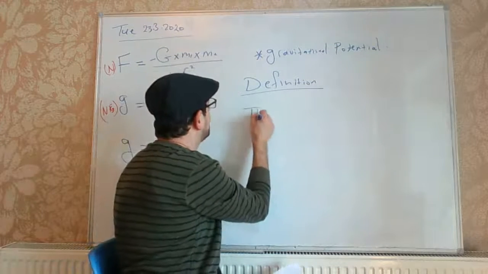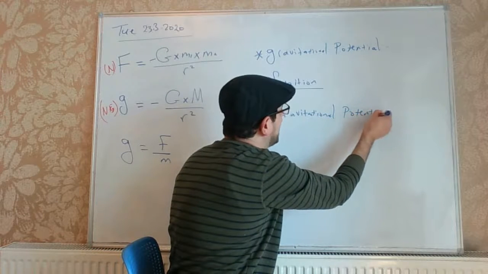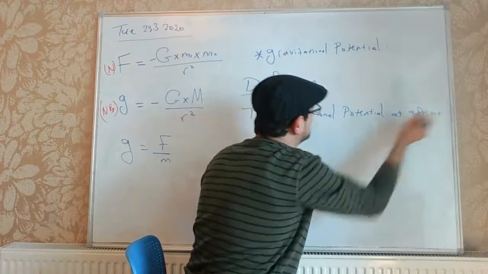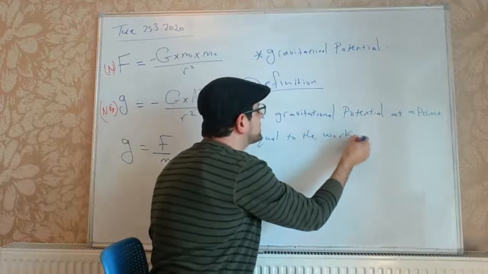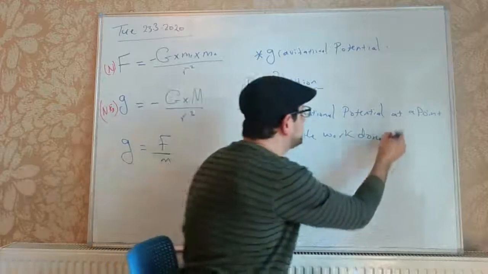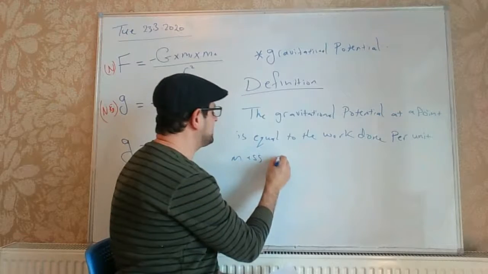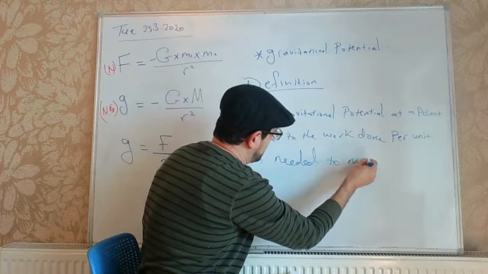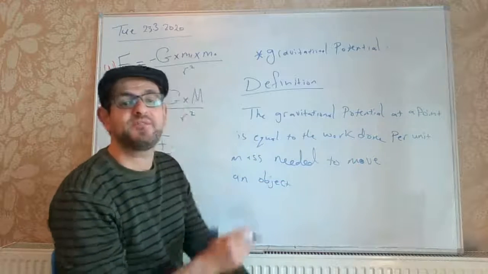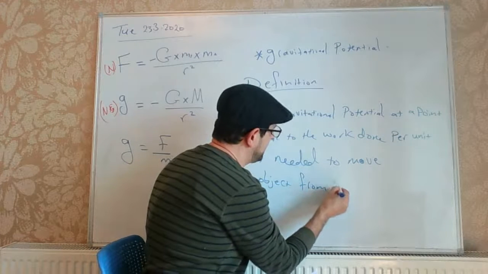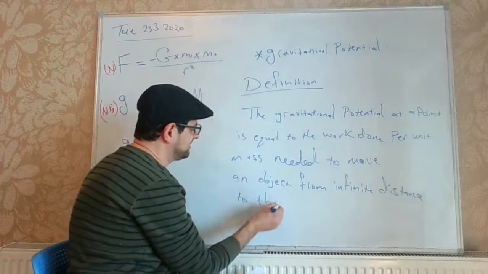The gravitational potential at a point is equal to the work done per unit mass needed to move an object, of a certain mass, from infinity to that point, from infinite distance to that point.